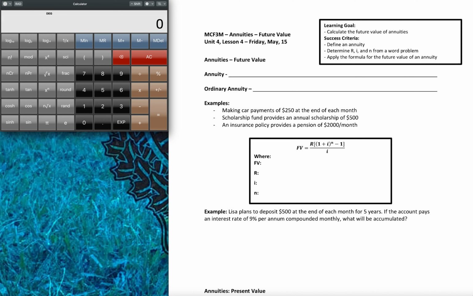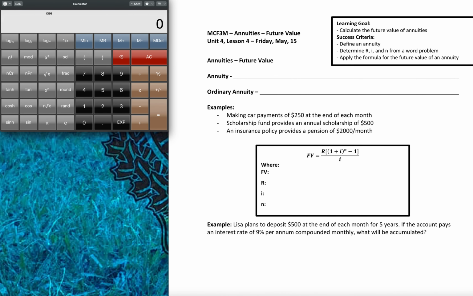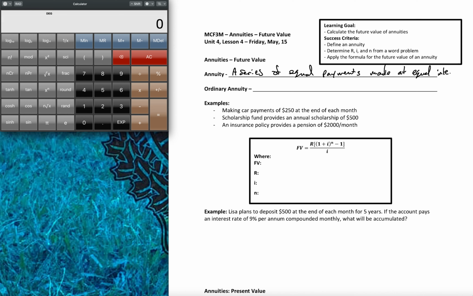Annuities, the same thing as a future value. And then we can define annuities as being a series of equal payments made at equal intervals.